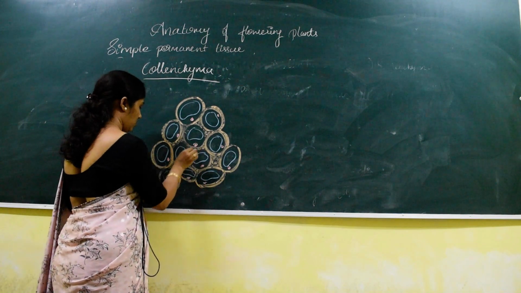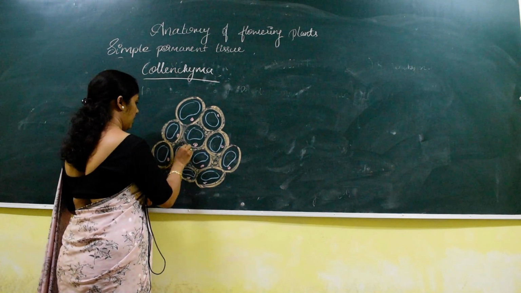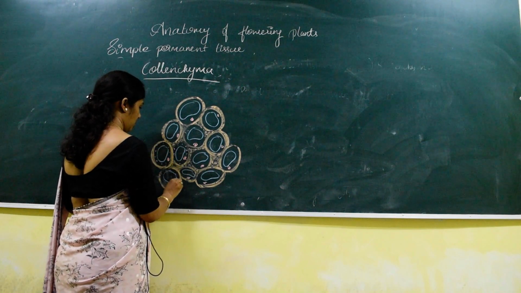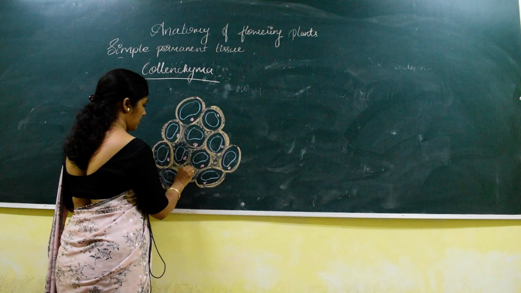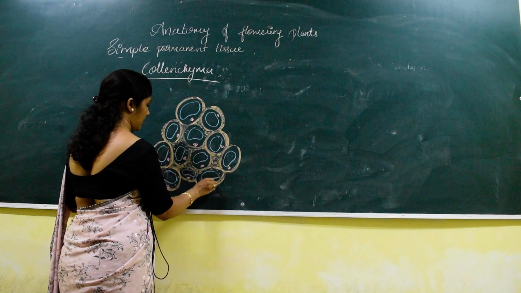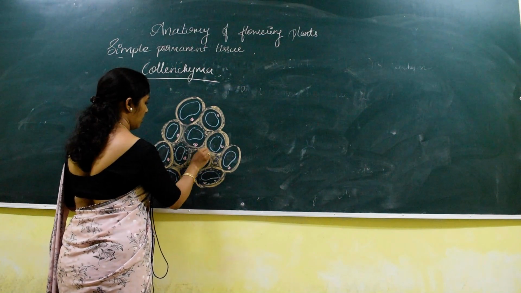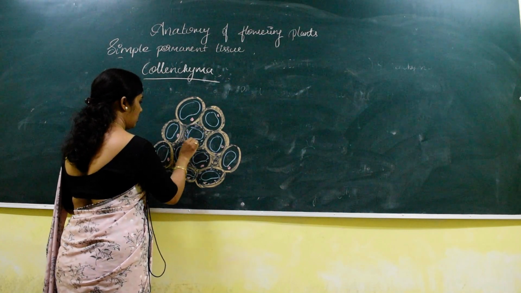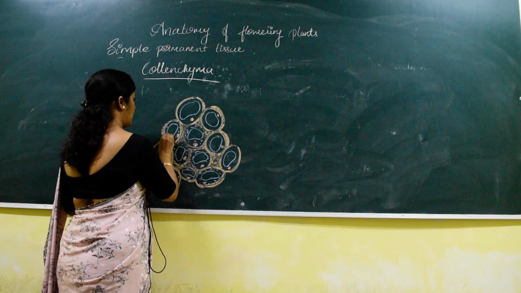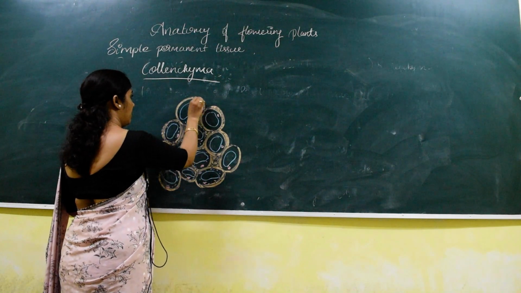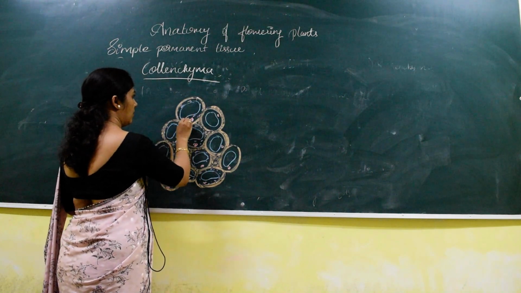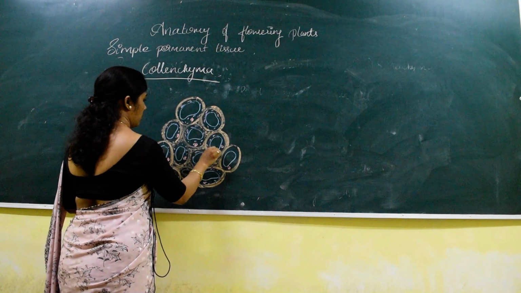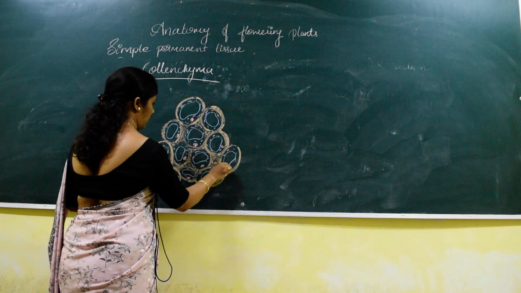And also we will see a dense cytoplasm. If the protoplasm is present, then only it is regarded as living. If the protoplasm is absent inside the cell, if it is empty, then that cell is considered dead. So this is a dense cytoplasm.